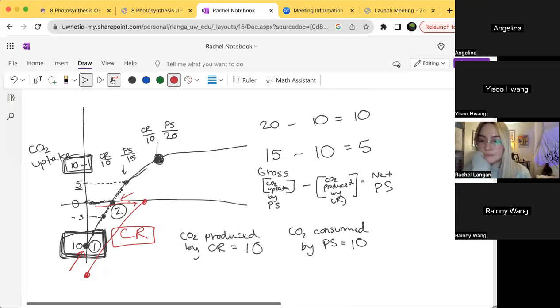Yes. One more thing is about the plateau. In lecture, I remember the professor said the plateau is determined by the total Rubisco present and the carbon dioxide concentration. I'm wondering if the concentration of RuBP also changes the plateau.